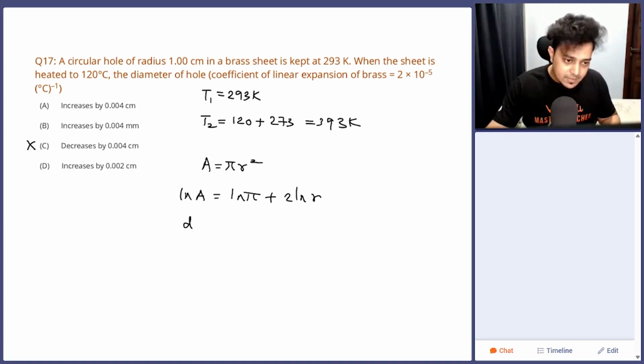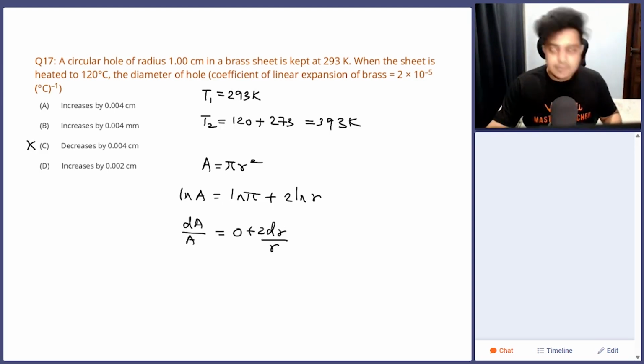Differentiate this, that will give us dA upon A equals 0, since the derivative of a constant is 0, plus 2 dr upon r, as the derivative of ln of r is 1 by r. So this is the change in area per unit area, and this is the change in radius upon the original radius. This can also be written as the change in diameter upon the original diameter, right?